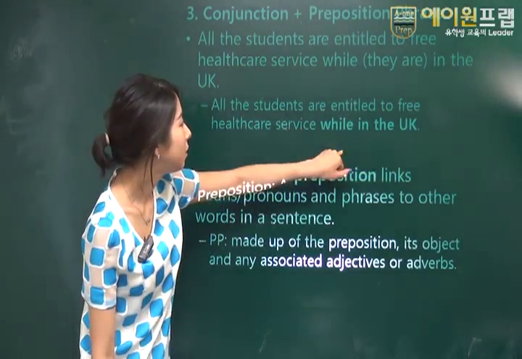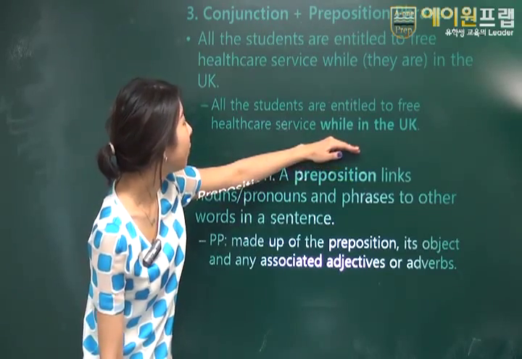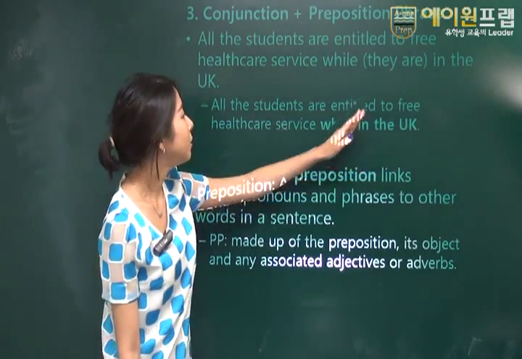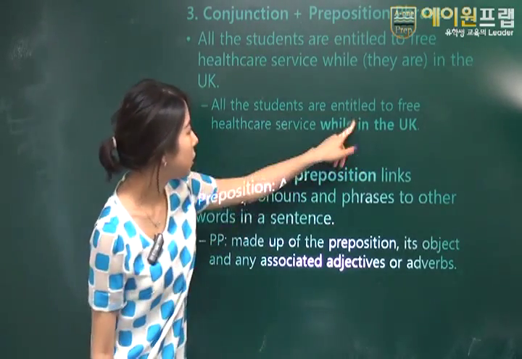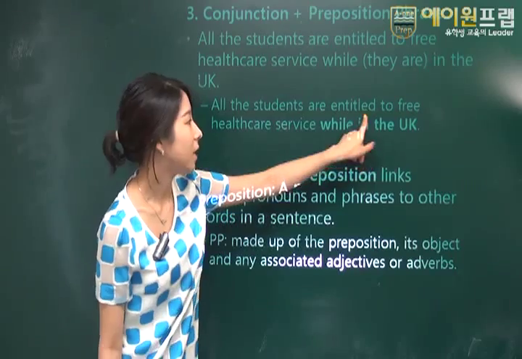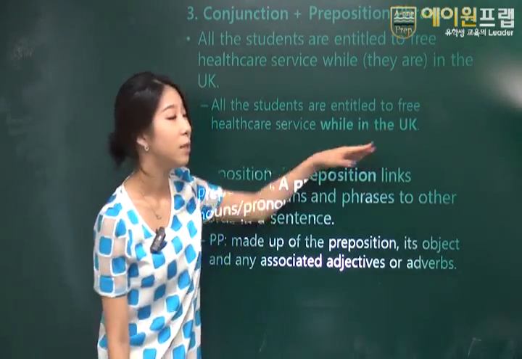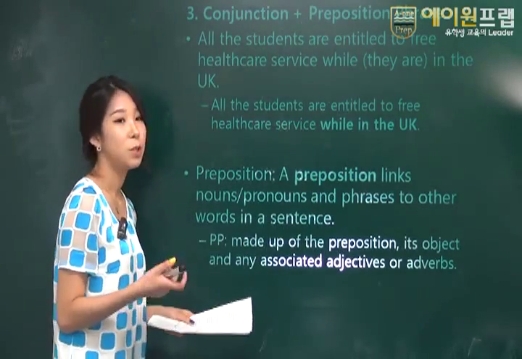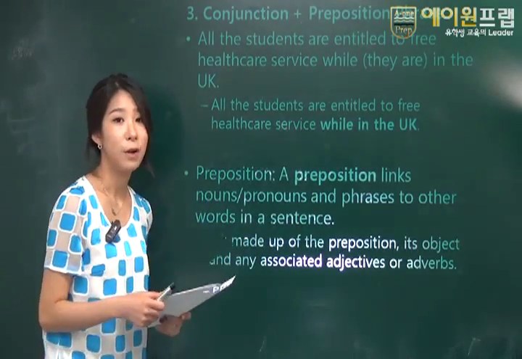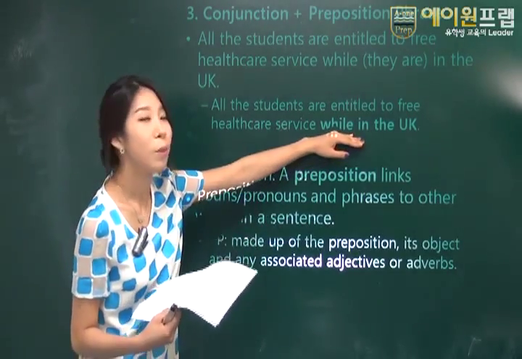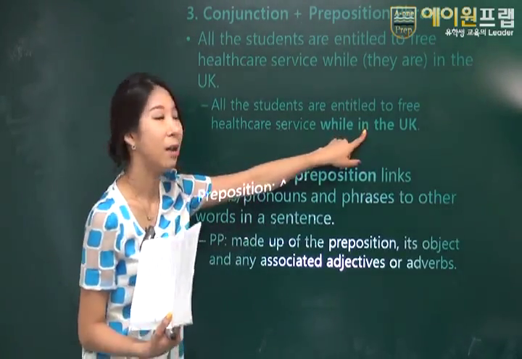And while is the conjunction, right? And in the UK is the prepositional phrase. As you can see, the conjunction is while, and the preposition is in. What's the difference between the conjunction and the prepositional phrase in this sentence? Obviously, while is performing a bigger role than in, right?